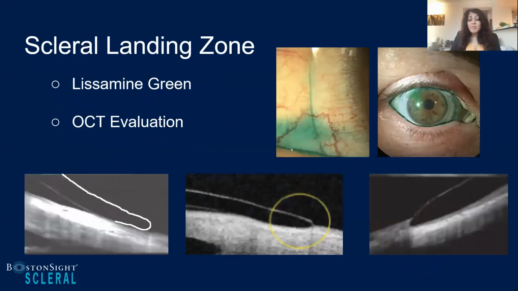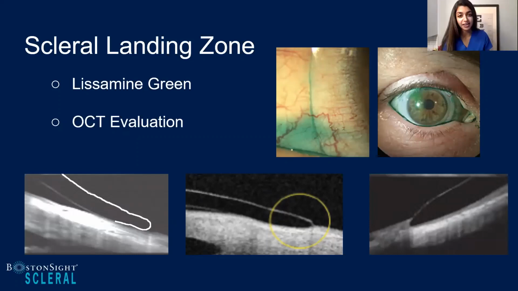I don't know about you, Avani, but I'm not using lissamine green as much. It is a very good diagnostic dye to be able to see and highlight the edge of that lens really, really nicely. Are you using it often or regularly? Yeah, so I actually use lissamine green on a regular basis, primarily because with lenses like the Boston Sight Scleral, where we're dealing with large diameters, we're probably going to run into some architectural diversions, whether it's a pinguecula or a tube.